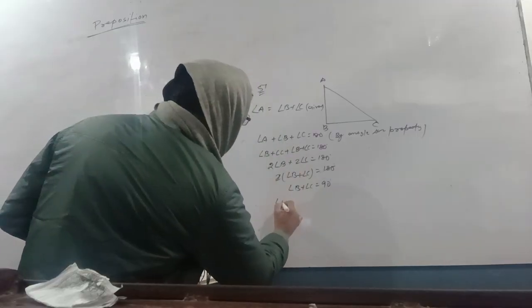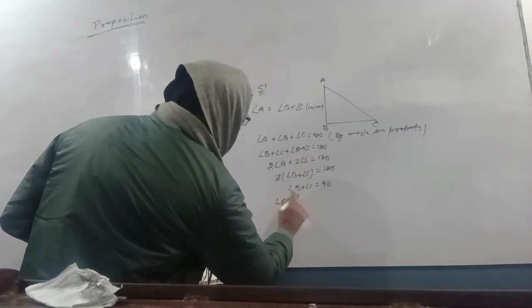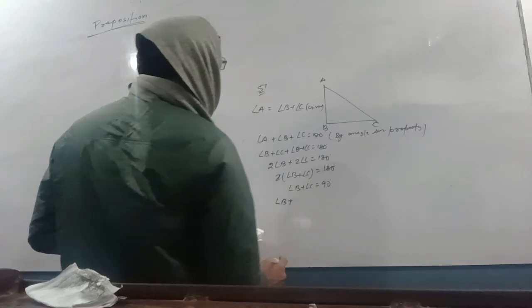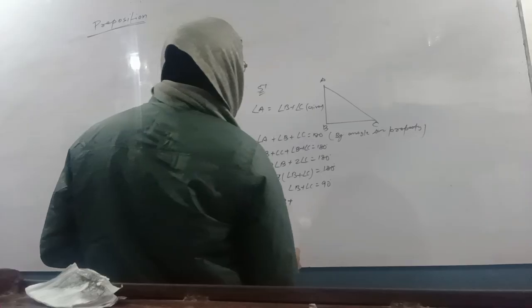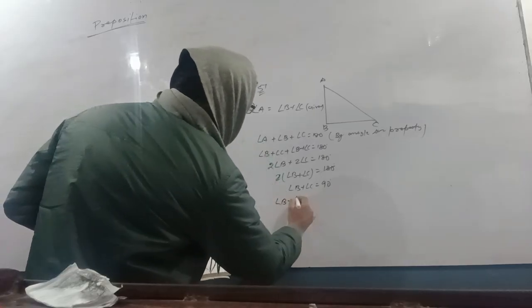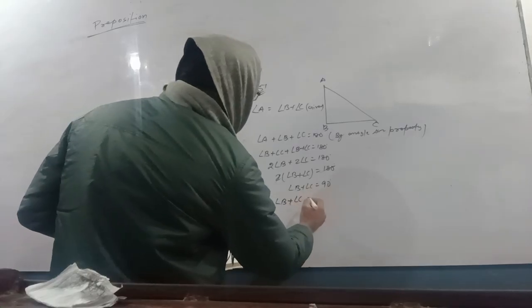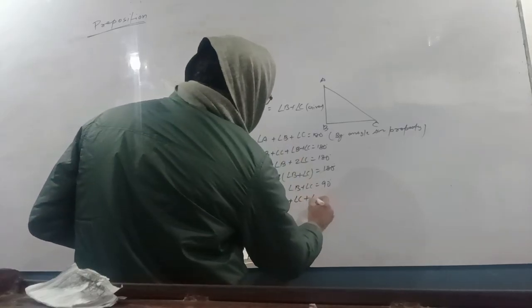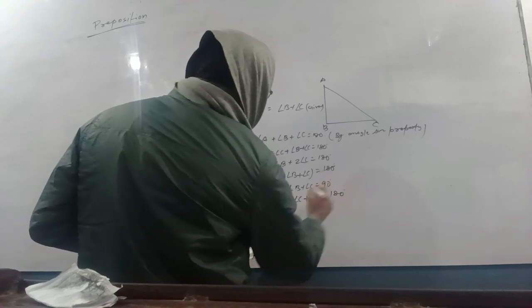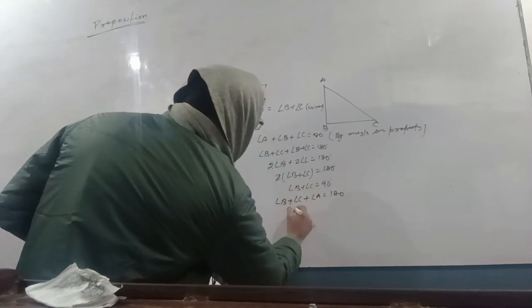So angle B plus C plus angle A is equal to 180 degree. B plus C is 90 degree.